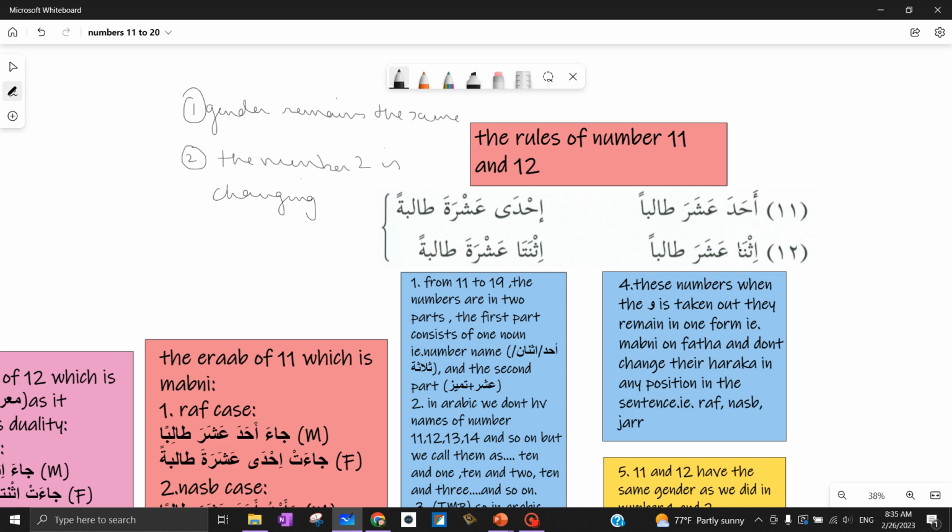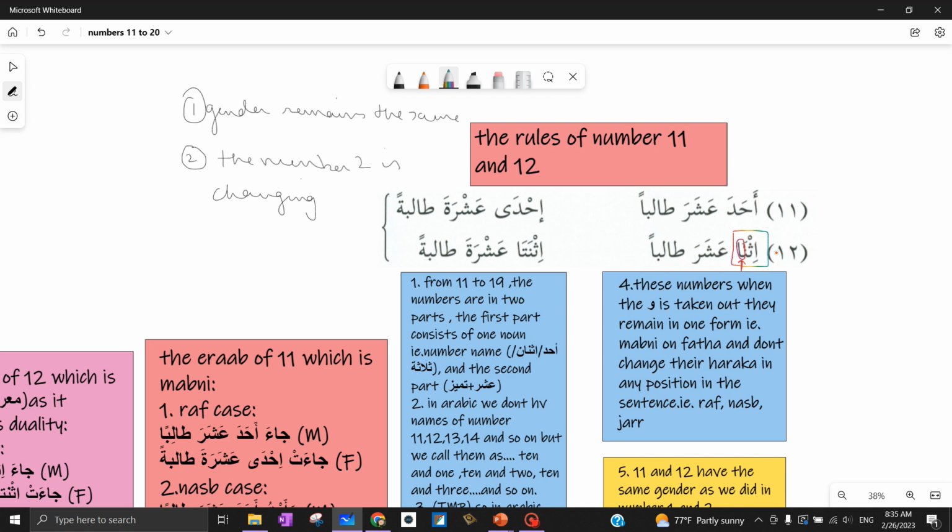So the number 2 is always changing. As we know, when it is in the marfu case, it is represented with alif. As we grammar students know, in marfu the muthanna noun is recognized by the letter alif.